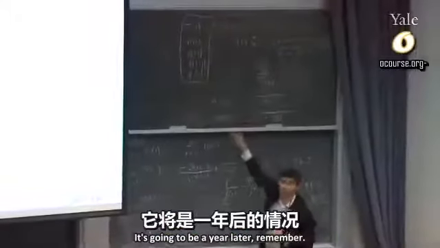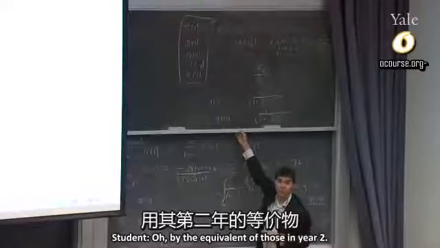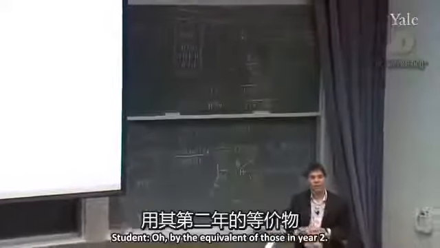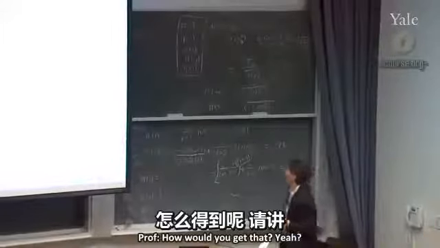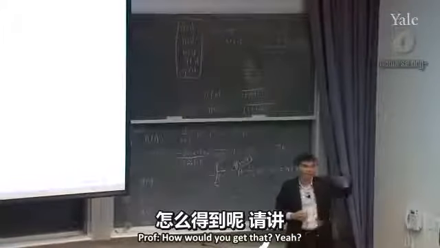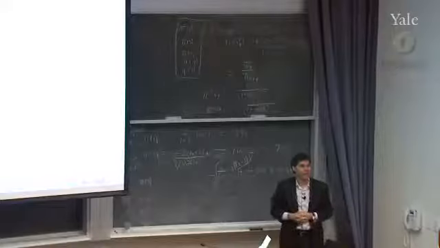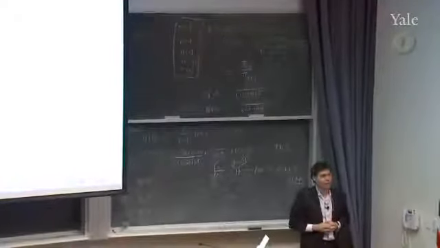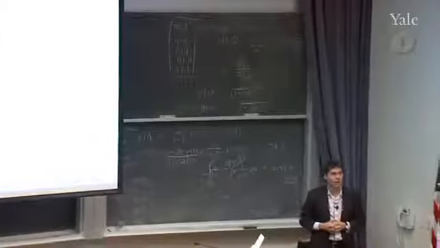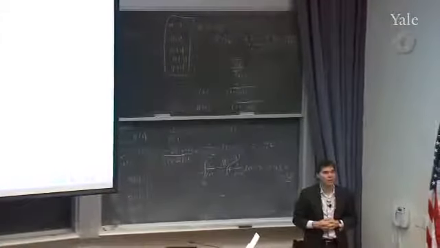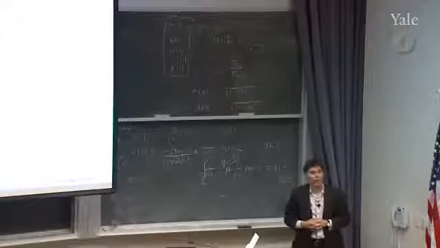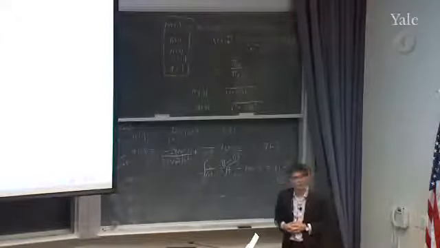It's going to be a year later, remember? And how would you get that? Yep. Discount by 4. Each cash flow would have one less forward rate.